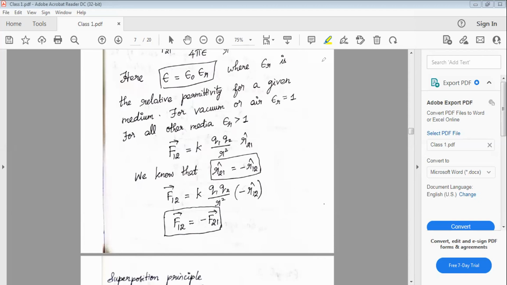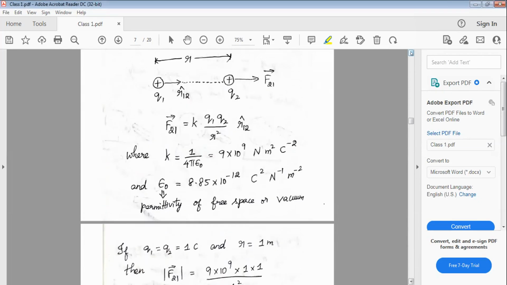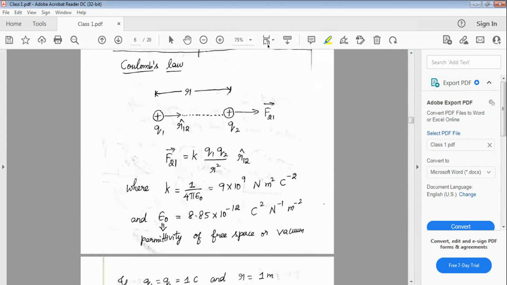That is the unit vector directed from charge 2 to charge 1, which you can see here. Here I have shown you R12. So when you want to calculate F12, you have to include the unit vector from charge Q2 to charge Q1.